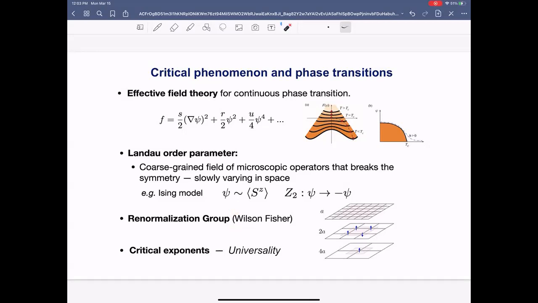critical phenomenon. Because of the renormalization, people figured out that at a quantum critical point, if we look into the correlation function or the operator scaling dimension, the critical exponent of these operators shows a certain universality, which is usually independent of the microscopic form of the Hamiltonian, but only dependent on the space-time dimension, the symmetry, and the locality of the system.